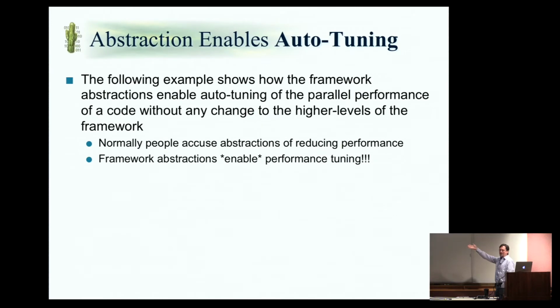First thing is that a lot of people say that when you do these layered abstractions, it reduces performance. I argue that all the evidence that we have is that well-designed abstractions actually enable performance, and they do not reduce it.